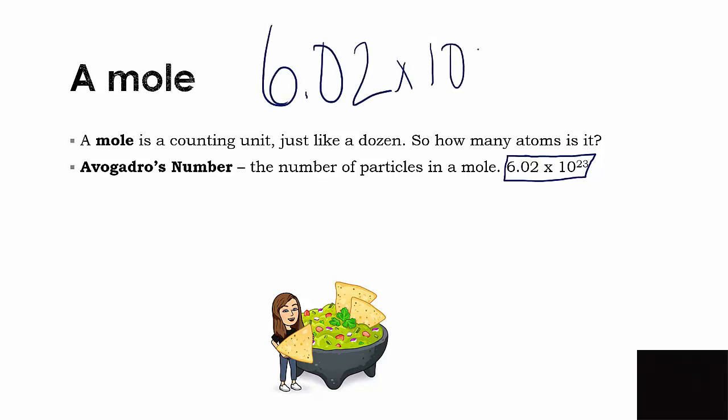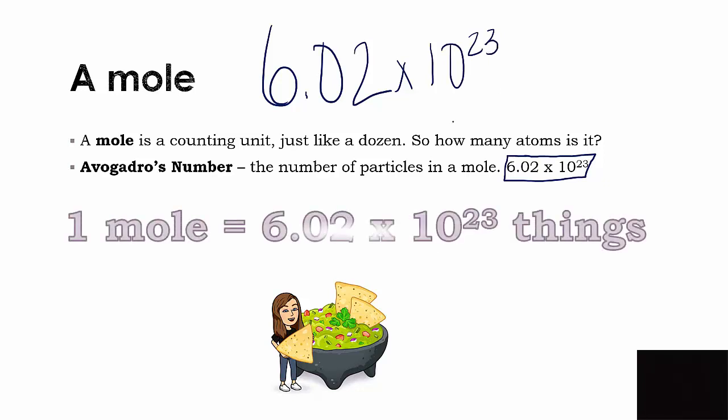6.02 times 10 to the 23rd. That is 1 mole of somethings. This could be a mole of people. If you had a mole of people, it would be 6.02 times 10 to the 23rd people. That's more people than have existed on Earth, by the way. So a mole is a big, gigantic number.